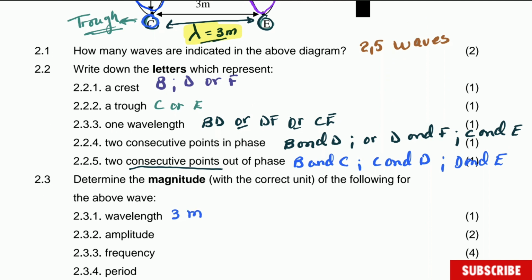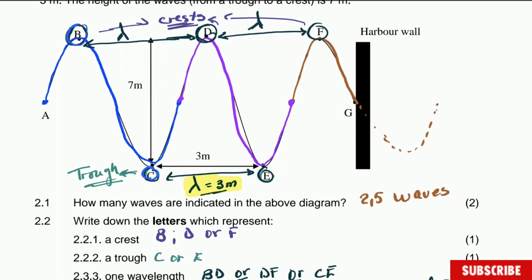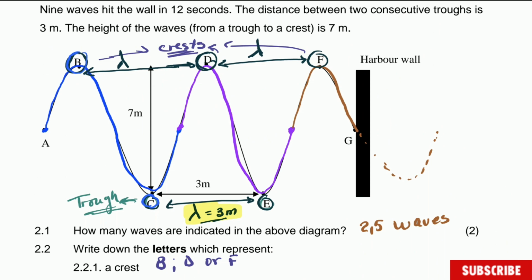Okay, the amplitude, remember the amplitude is the distance between the position of rest. Now the position of rest in this graph is not indicated, but the position of rest will be right in the middle. So this one here that I am marking now will represent the position of rest.